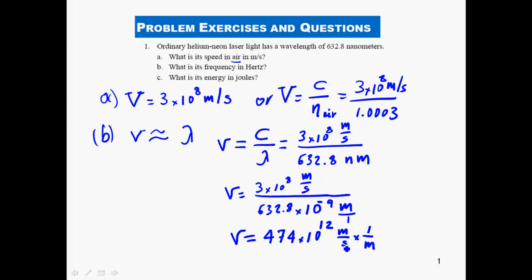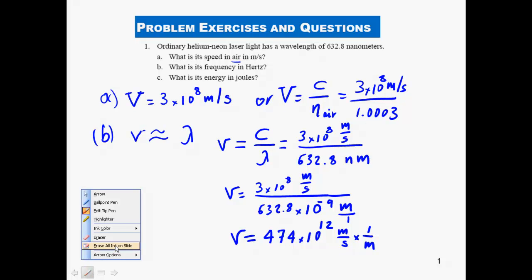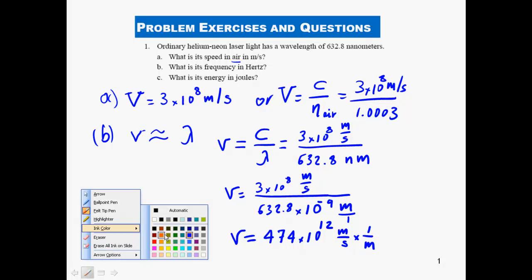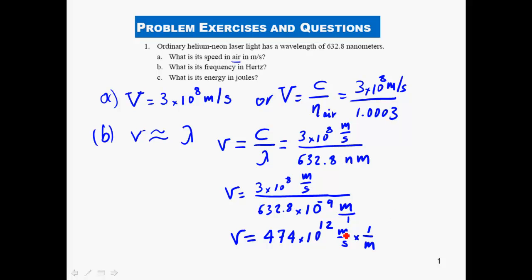Then this meter with that meter cancel out. And then the answer is going to be 474 times 10 to the 12, 1 over second, which is a hertz.